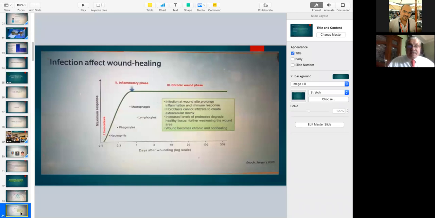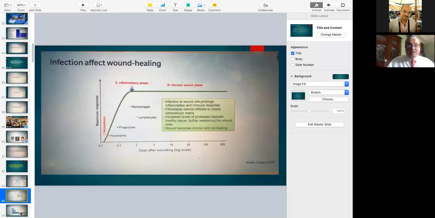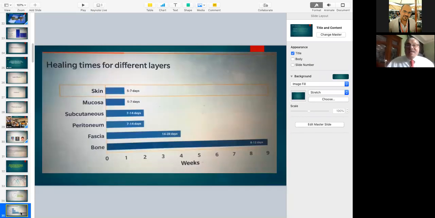When there is infection, these steps will be prolonged, the inflammatory phase will prolong, and we go to the chronic wound state, and the fibroblasts will never proliferate to go to scar formation. So for healing time, it is mandatory to know how much time every layer takes to heal. This is a principle for every surgeon, and you must know it.